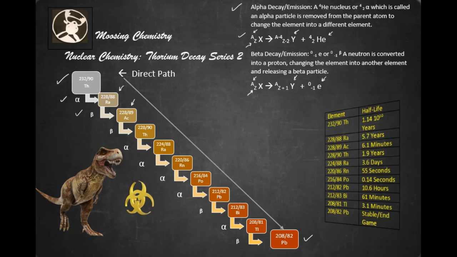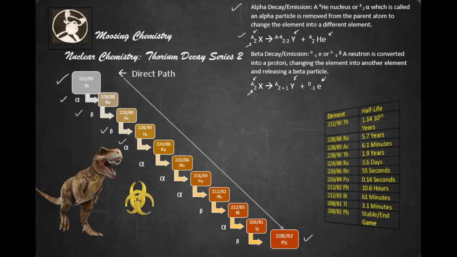We've made a brand new element when we did that, okay? All right, changing neutrons just changes the mass. Changing protons changes the element. All right, so then Actinium-228 undergoes beta decay again, and we change another neutron into a proton, and we get Thorium-228.